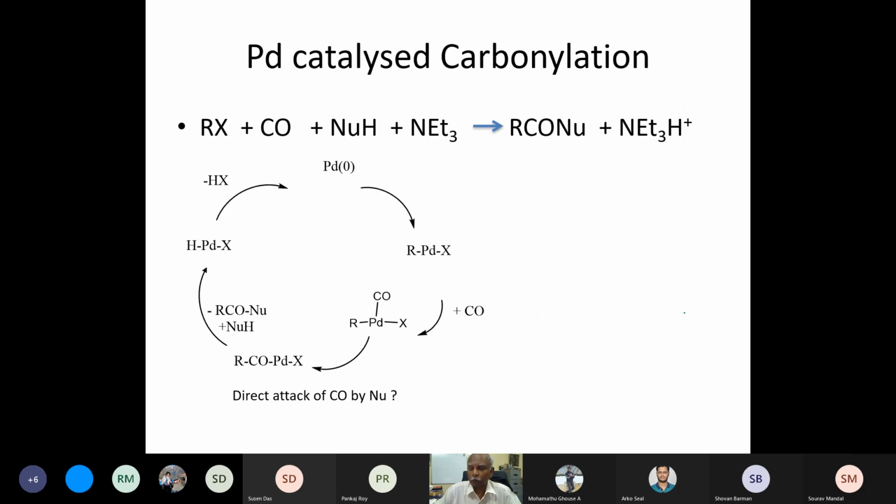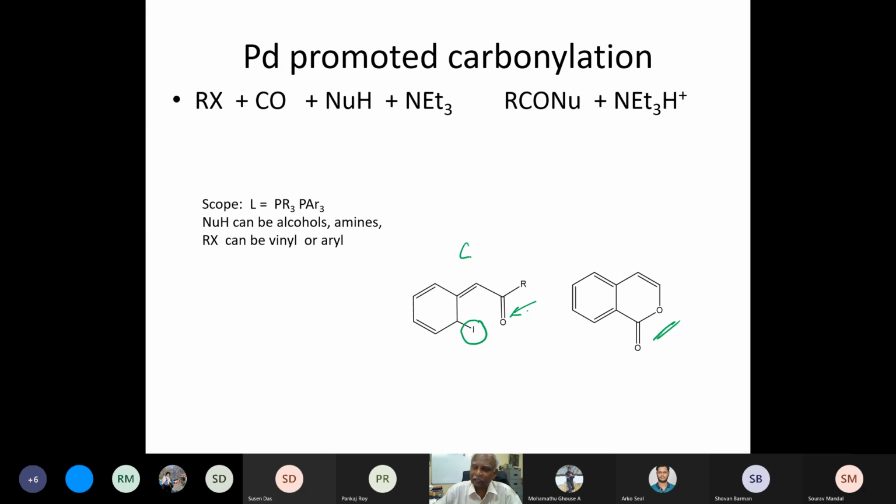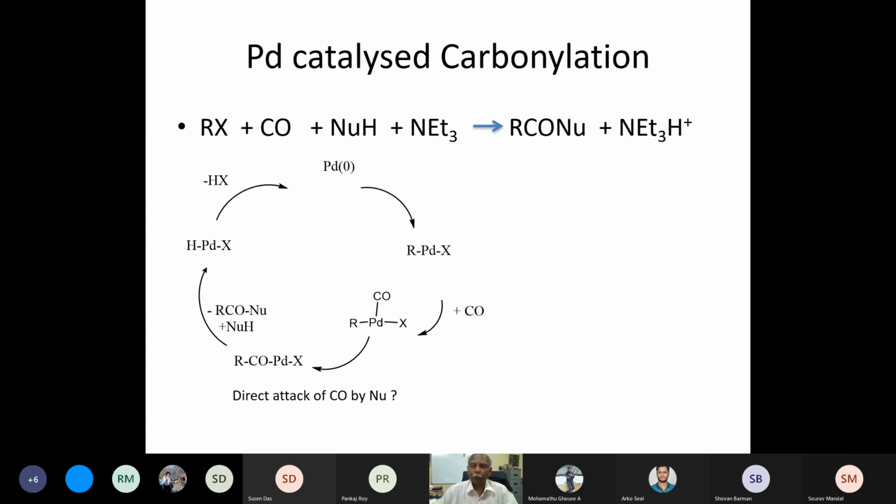Okay, so I will write it in a general fashion. I want you to go back and try out this reaction for yourselves. Write it out for the previous substrate that I showed you. Okay, so let me flash that again. So this is the starting material. This is the product. Now write the reaction for yourselves and satisfy yourselves that you can generate this product using the set of reactions that we just talked about.